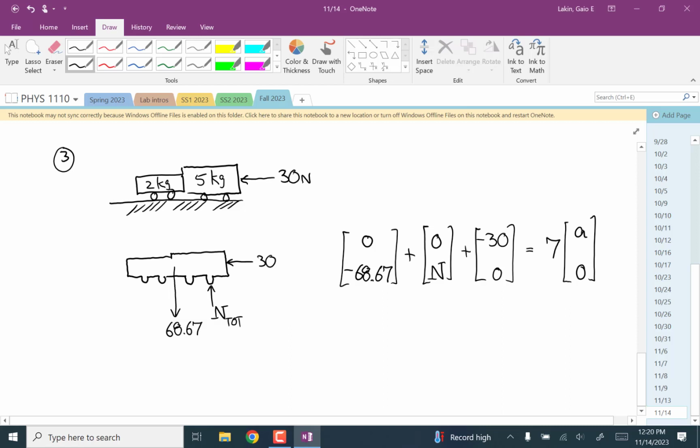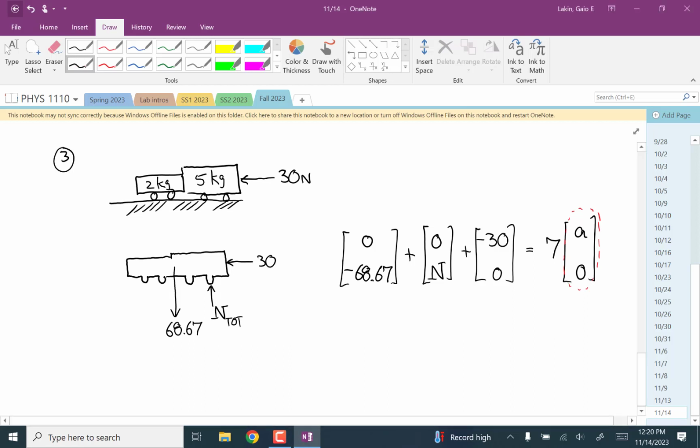And the acceleration is a, 0 because it's moving along the x-axis, not along the y-axis. To find the acceleration vector, this is the acceleration vector. And so you can see that all we need to calculate is that variable a.